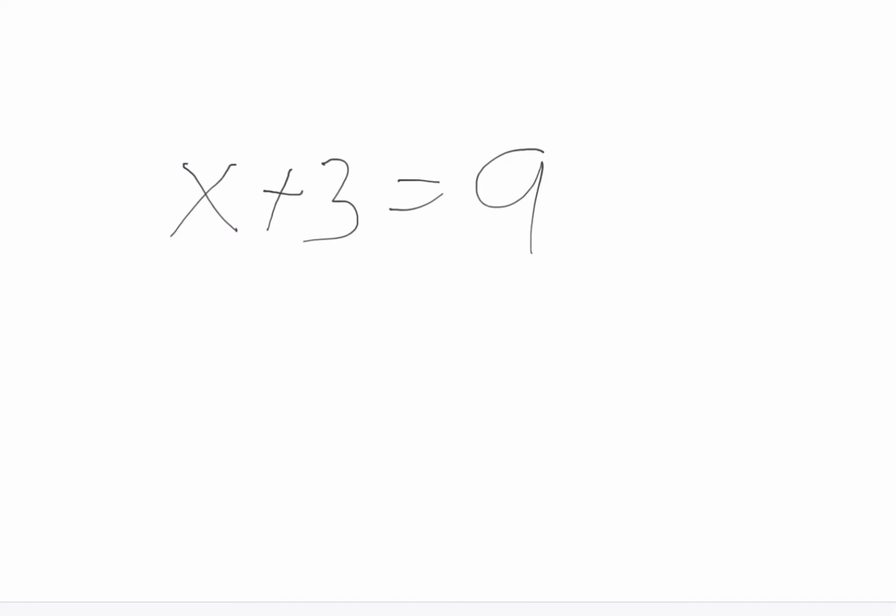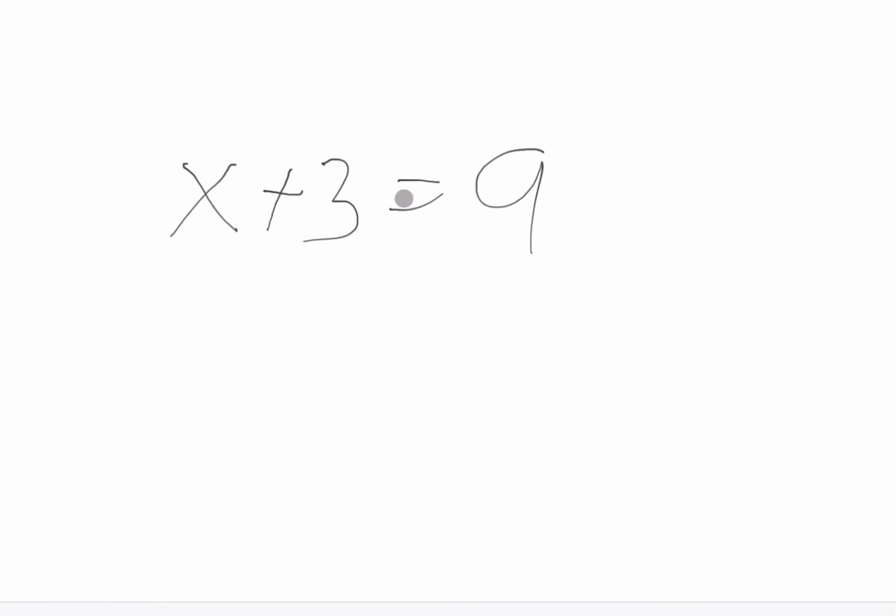The first thing we have to do is remember what a variable is. A variable, and this should be in your notes, is a symbol that represents something we do not know. And a variable can be anything except for a number, because the variable represents a value that we don't know. So x has a value, but we don't know what the value is yet until we solve for it, okay? So it's important that you understand what the term variable means.